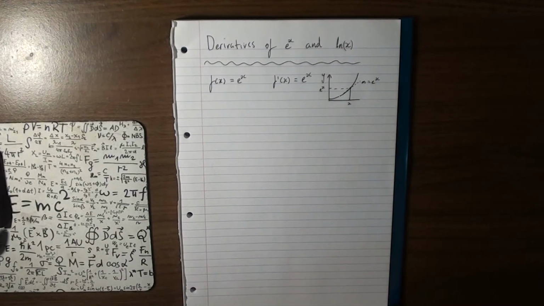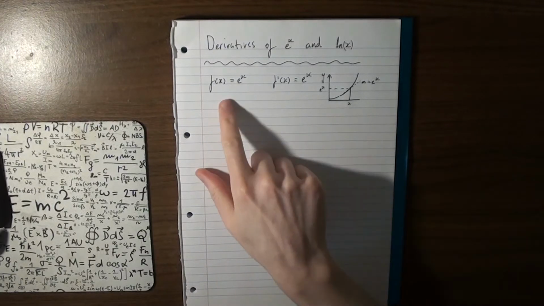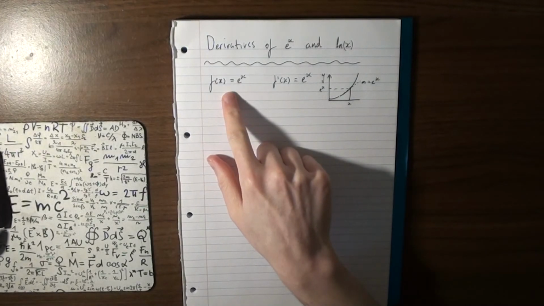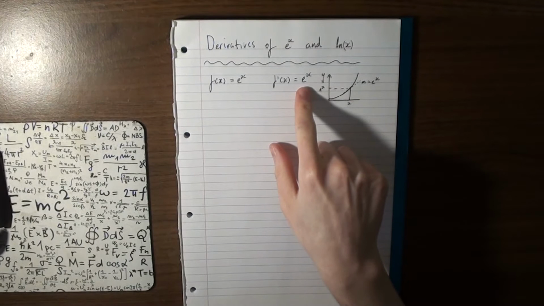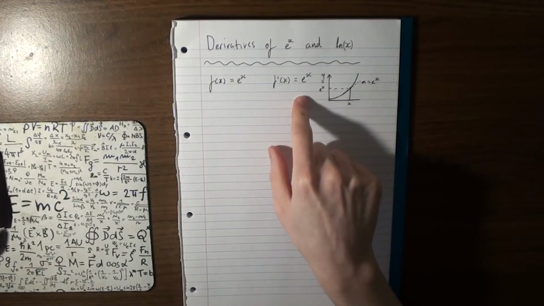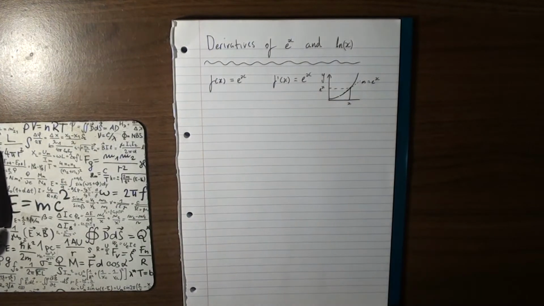So it's quite a cool function in that it only has one piece of information really per point, one number per point to remember. We'll also find the implication here is that if we differentiate e to the x to get e to the x, then if we integrate e to the x, we should get e to the x as well.